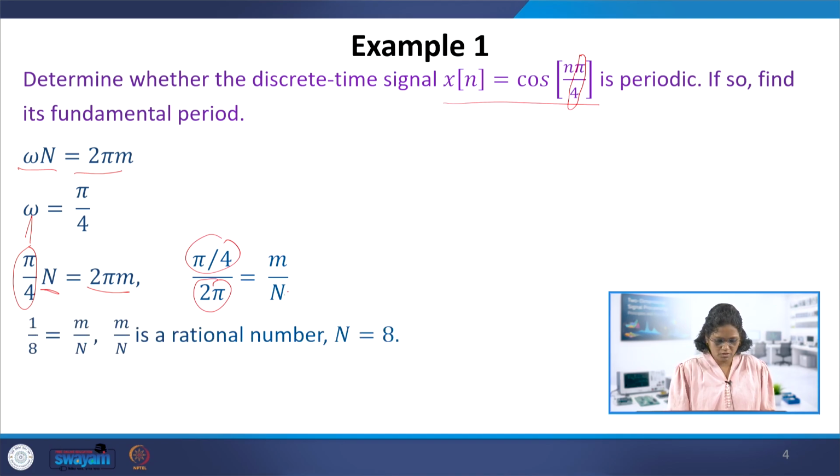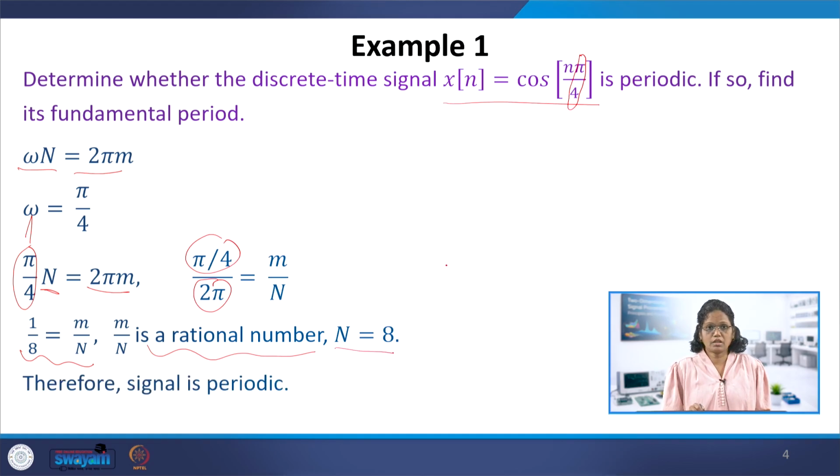So 1 by 8 is this ratio, and it is a ratio of integers 1 and 8, so this is a rational number. So the m by n ratio is a rational number, and the fundamental period is simply 8. So this signal is periodic with the fundamental period 8. This is the way in which we can find the fundamental period of a discrete sequence.